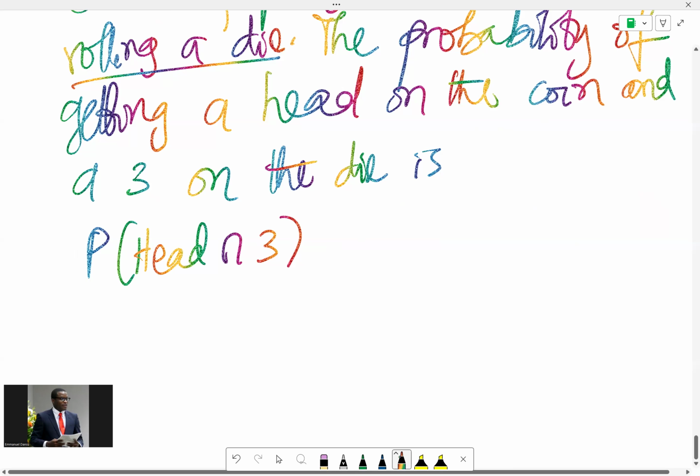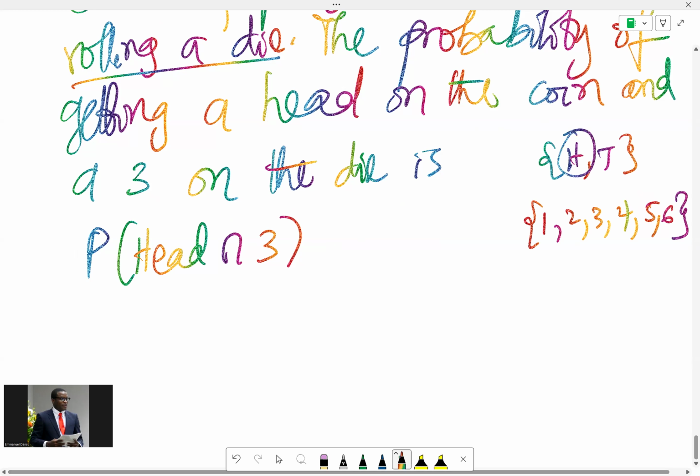So of course, if you toss a coin, you get head or tail. If you roll a die, you get 1, 2, 3, 4, 5, or 6. So probability of getting a head, that's 1/2 here. Probability of getting a 3, that is 1/6 here.